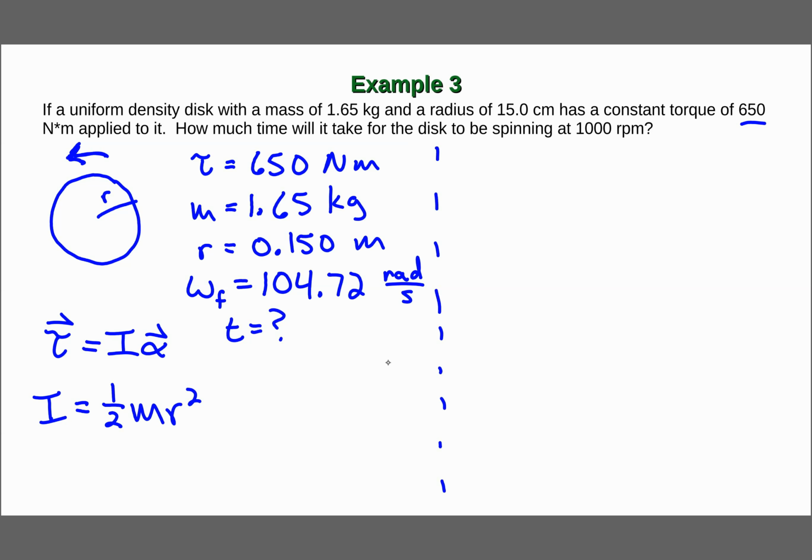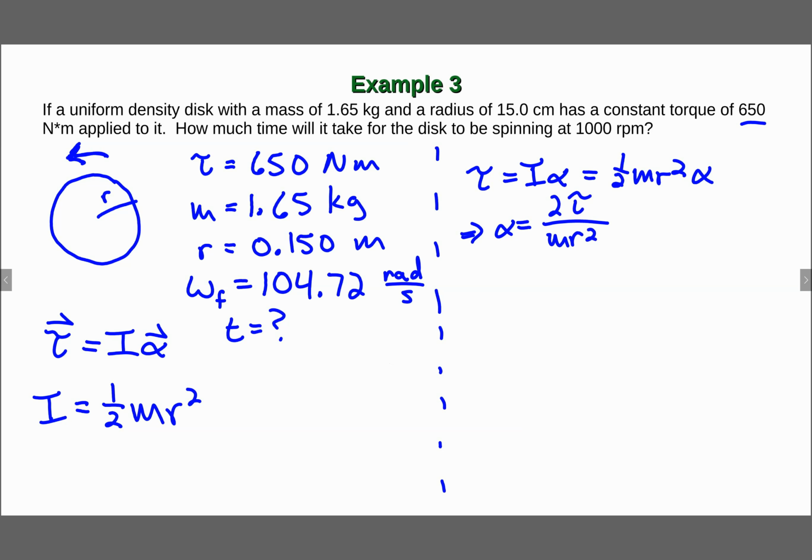So then over here, we'll just apply what we said. Tau equals I alpha equals 1/2 m r squared alpha. Okay? So therefore, alpha equals 2 tau over m r squared.